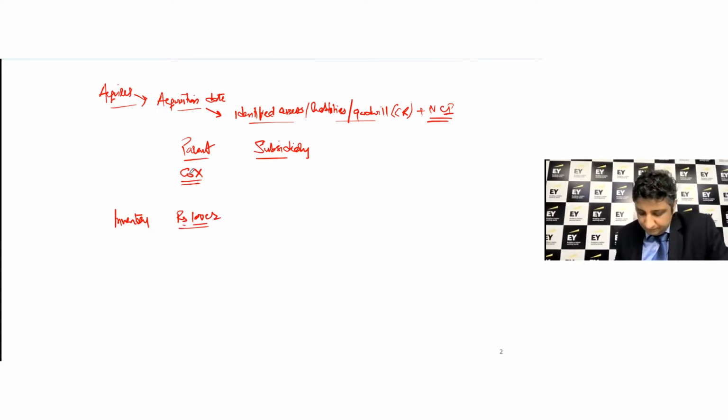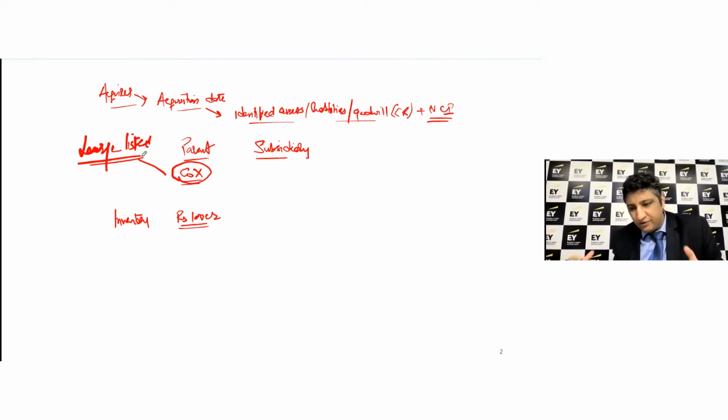Okay. But this company is, for example, a large listed company. Okay. And we all appreciate that if it's a listed company, then there are a lot of people who are looking at the performance of that large company, right? Analysts, shareholders, bankers, government, employees, and lots such people.